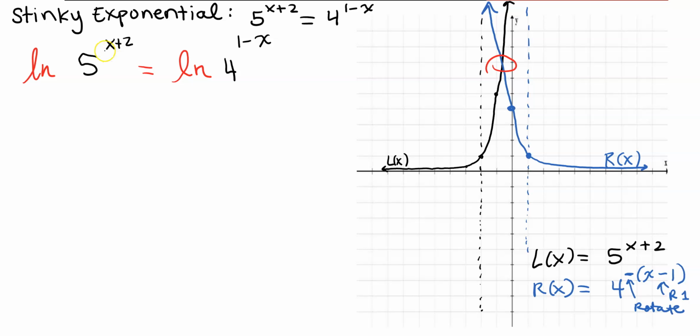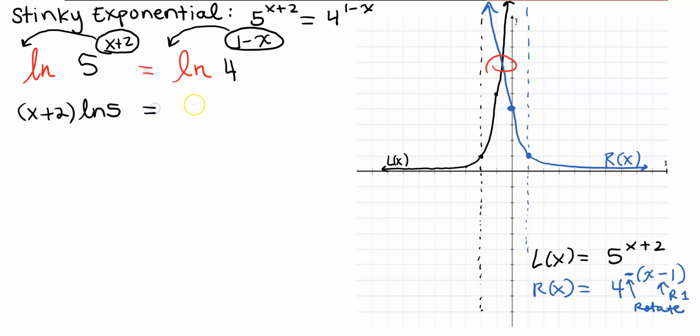All right, now property of log said when I have an exponent, it could go up in the front, the same here on the right-hand side. So I have x plus 2 times ln of 5 is equal to 1 minus x times ln of 4. ln of 5 is a number, so to solve for x, I would have to distribute, and I would have to distribute on the right-hand side as well, so that I can go ahead and move things around, get x's together, right?